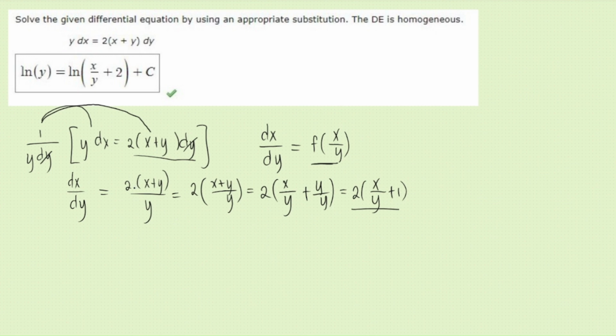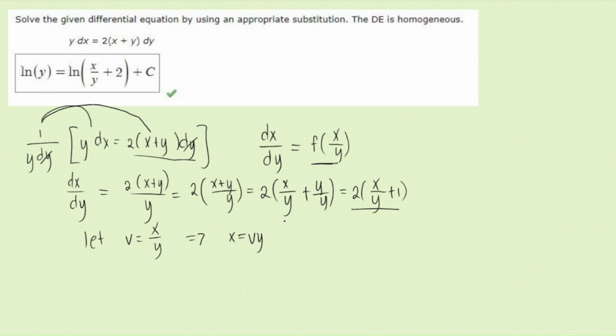So the next thing we're going to do is let some variable v be equal to x over y, and take the derivative with respect to y. This can be rewritten as x is equal to vy, right?